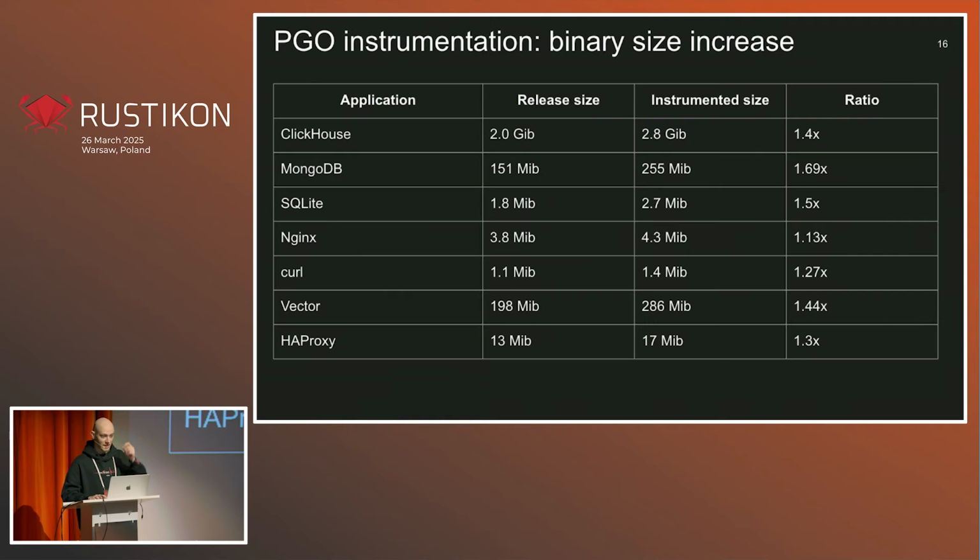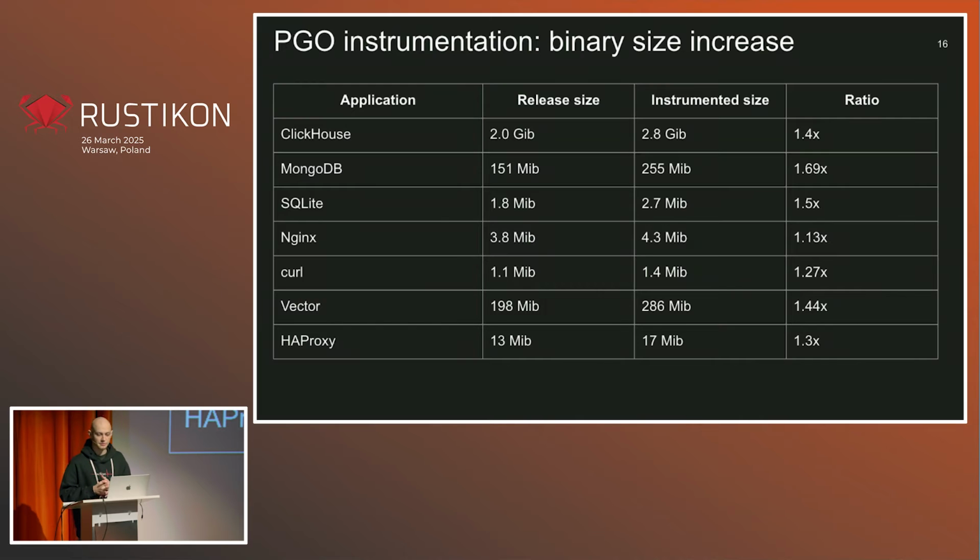So let's talk about some numbers. Here we see some applications. Actually, only one of these applications is written in Rust. It's Vector. But the situation is pretty much the same for C, C++, and Rust applications in practice because they share the same ecosystem. We are talking about LLVM stuff. So in practice, we see that the binary size increase is not a critical thing for us here.